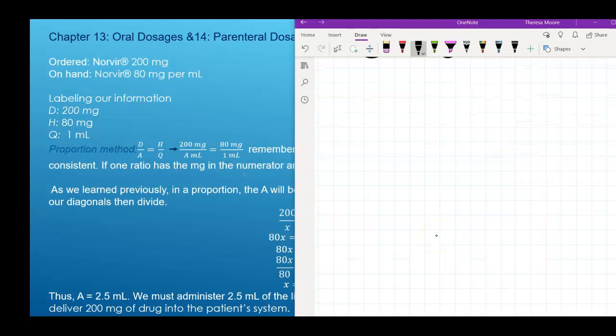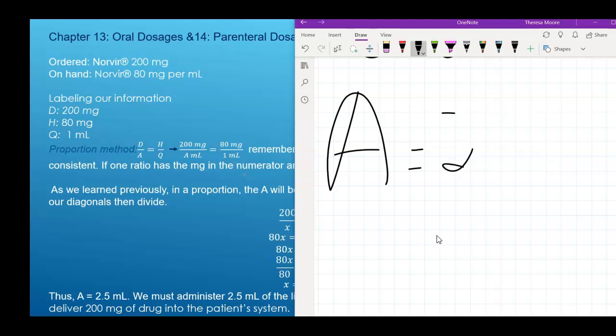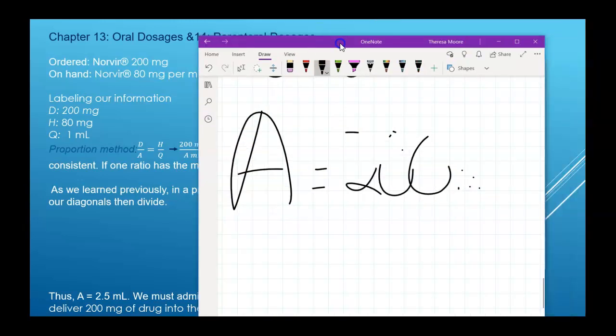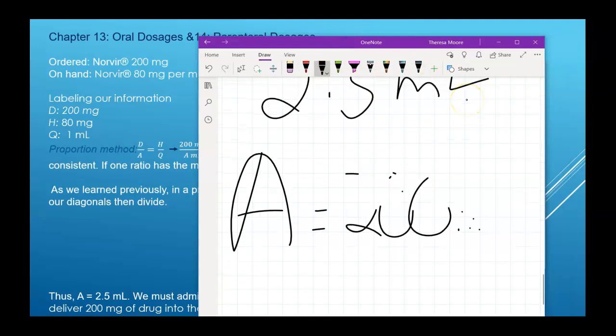Dimensional analysis. A is what we want. What do we have? D, or we have our 200 milligram order. And we want to multiply that.